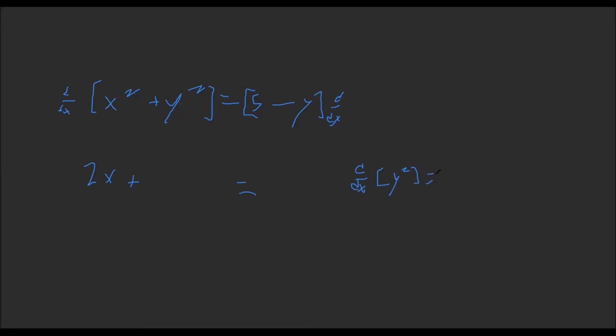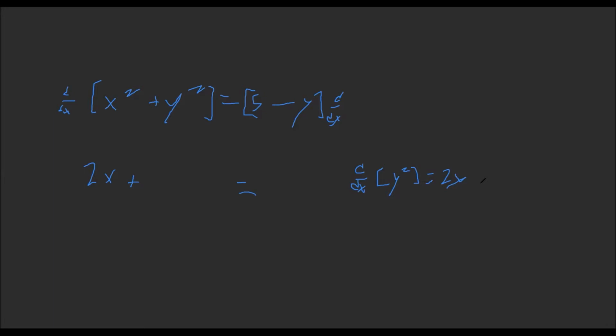The secret to doing so is this, which is what I use. In your mind, replace the y with an x and derive normally. So for instance, we're going to just replace it with an x and then derive it, replace it back with y. We end up with 2y.